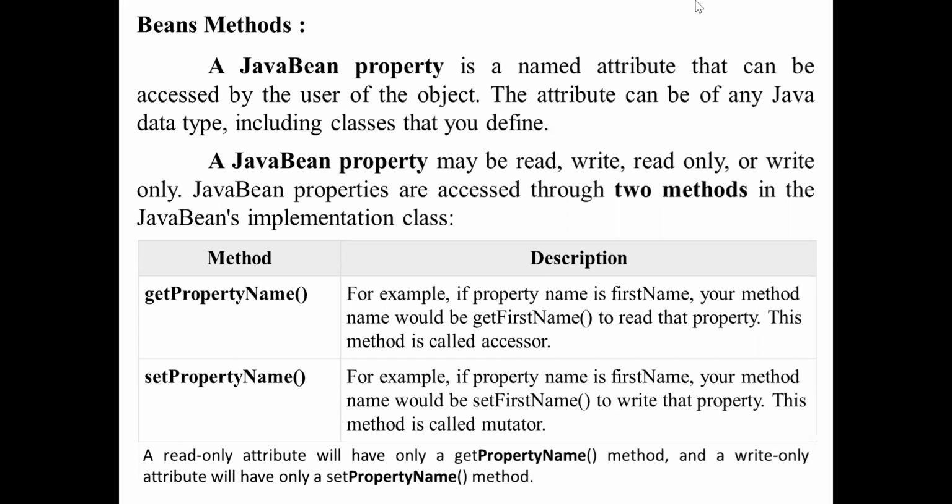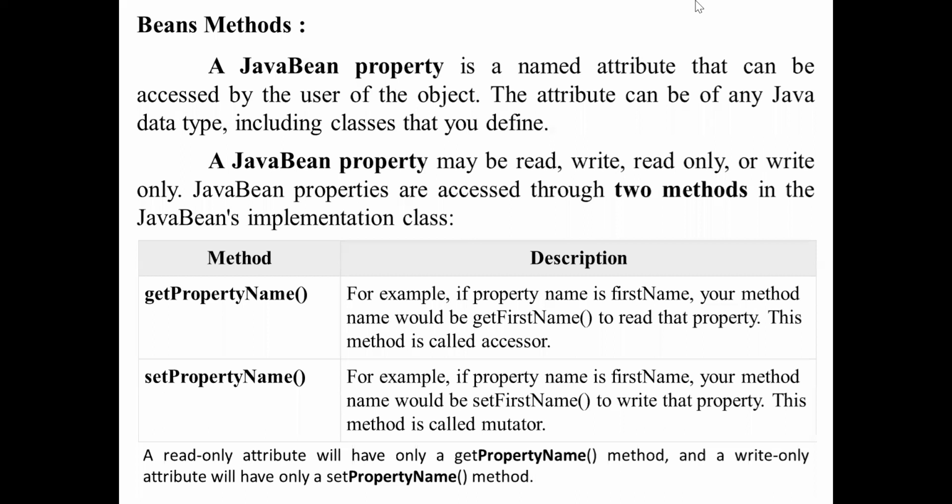These are the two types of methods accessed in the bean method: one is the accessor and the second is the mutator. The mutator method is the set property name, and the accessor is the get property name method.